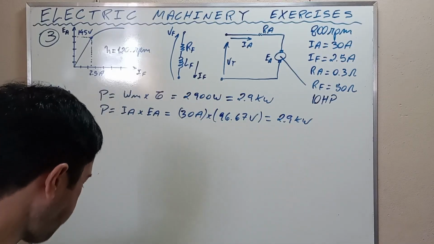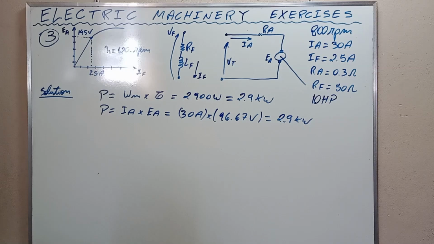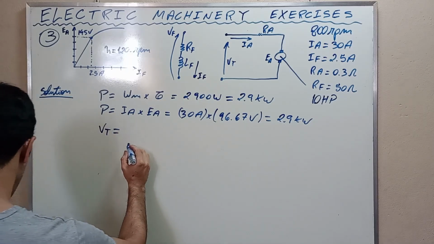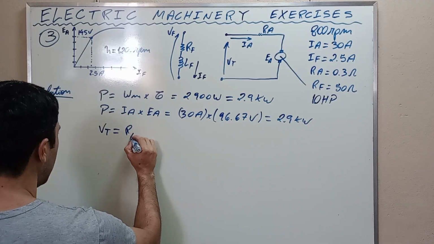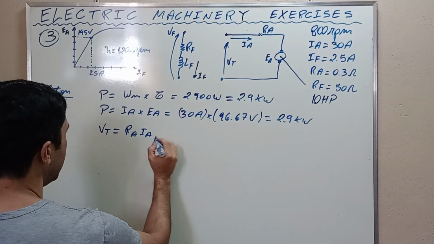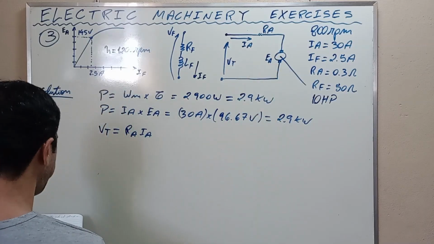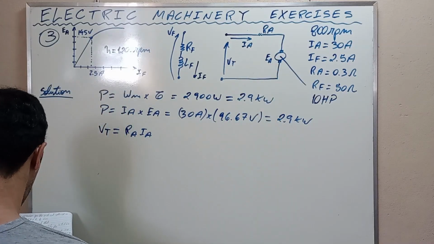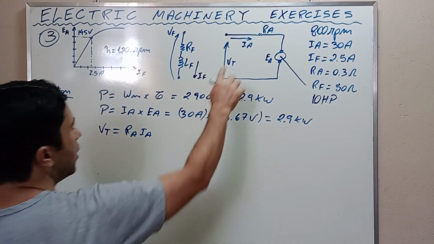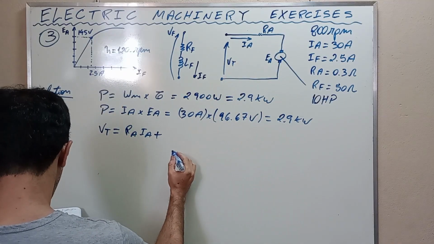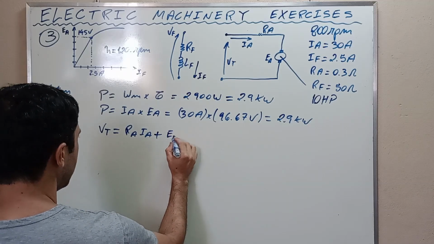Alright, my friends, and applying KVL on the armature circuit, we find that VT is equal to RA times IA, okay, it's the voltage, current times resistance is voltage, plus the induced voltage EA.